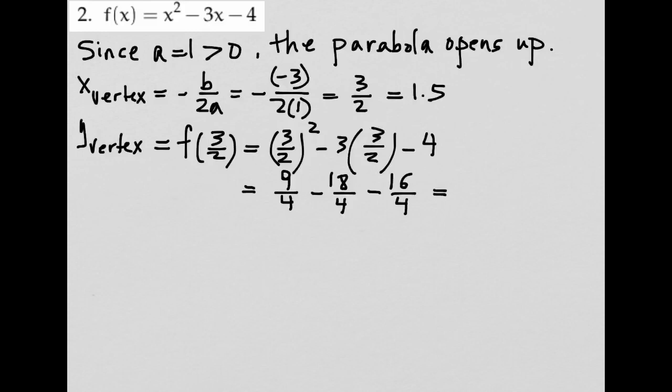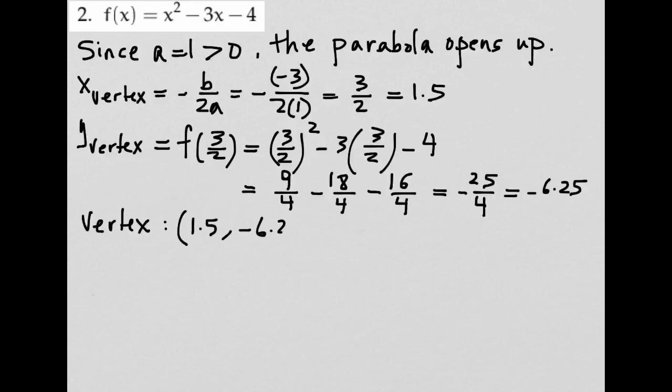That's equal to (9 minus 18 minus 16) over 4, which is minus 25 over 4, which is minus 6.25. So the vertex of our parabola is given by (1.5, -6.25), that's the x-coordinate and the y-coordinate.